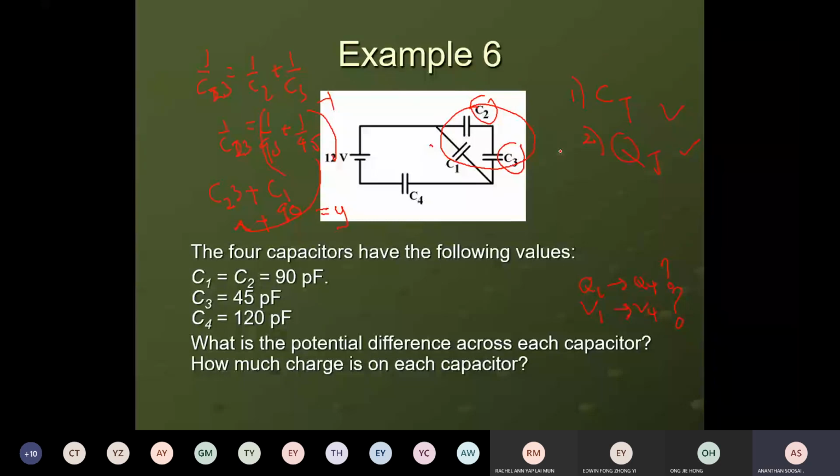Okay, so anyone, what's the total capacitance you got? 3 pF. Okay. So why do we need 1 over Y? Why we need to take the reciprocal of Y when we get C23?